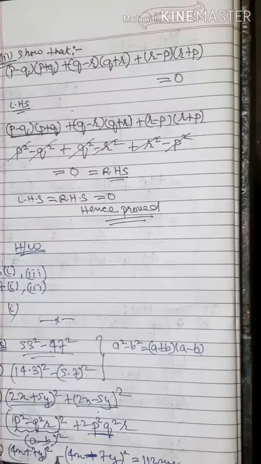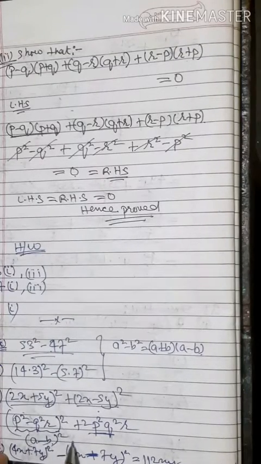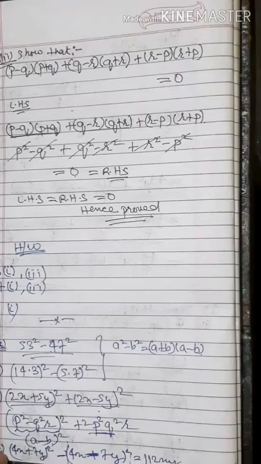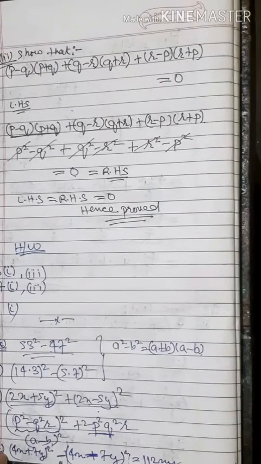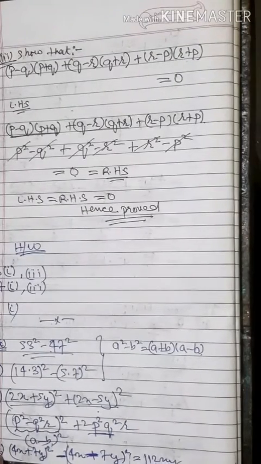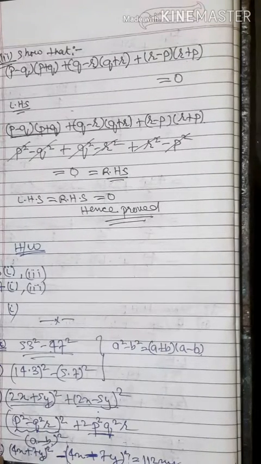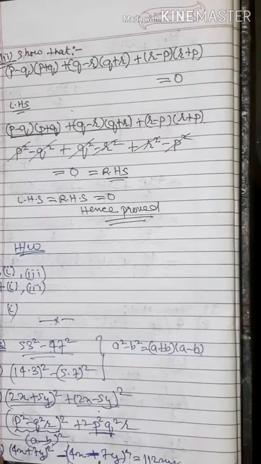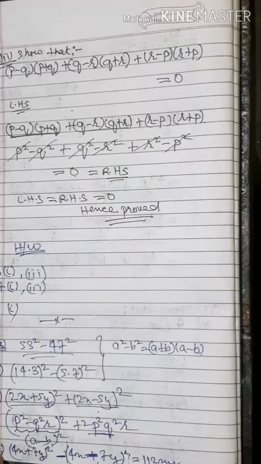Be careful, there is a negative sign here, so use a bracket, because all the terms inside the bracket will change sign. Some of the terms will cancel, and you will be left with 112xy, which gives you the RHS.